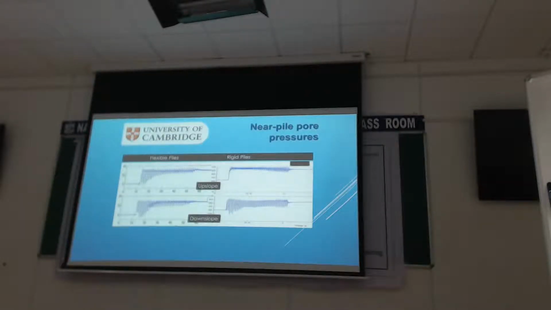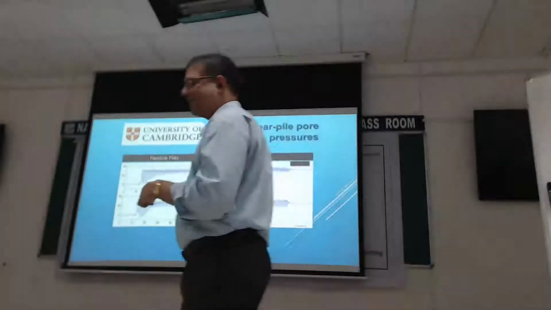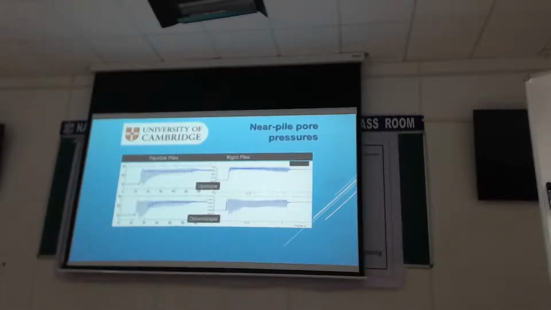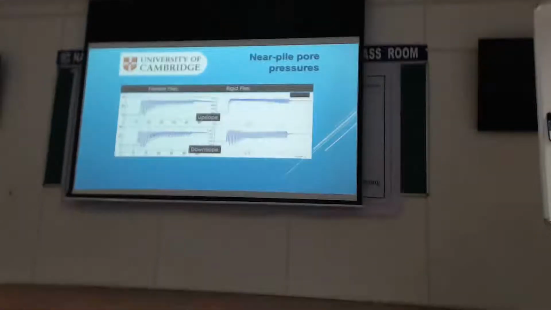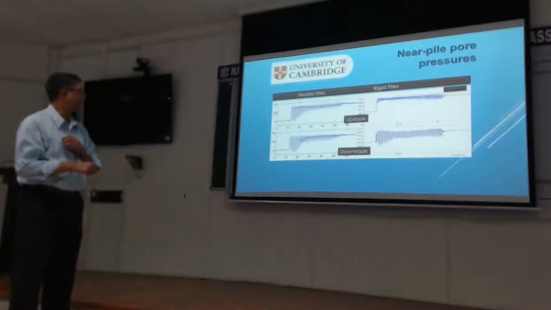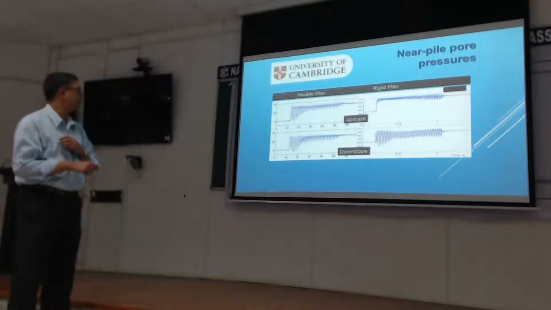So when you change the stiffness of the pile, we tested flexible piles and rigid piles with the same idea. You can see the difference even more clearly. For flexible piles, the pile is able to wobble about a bit, so you will get these suctions coming up, which die down upslope.